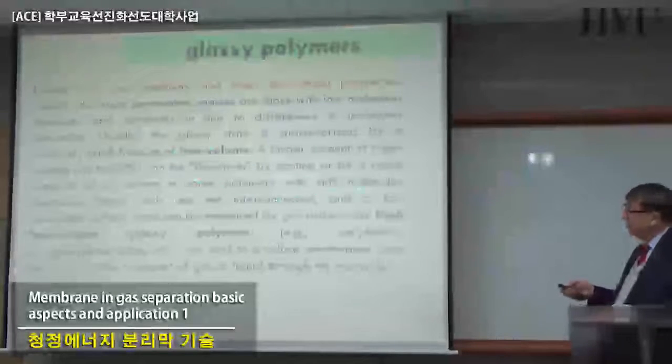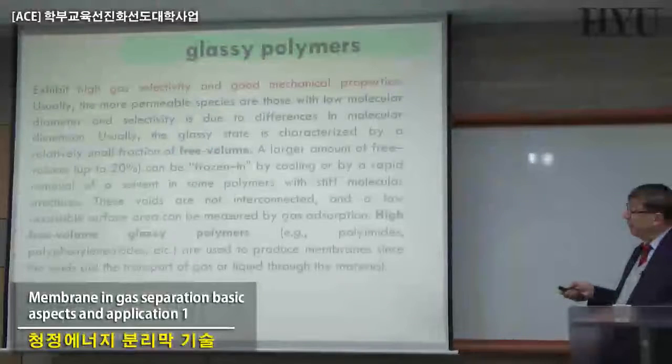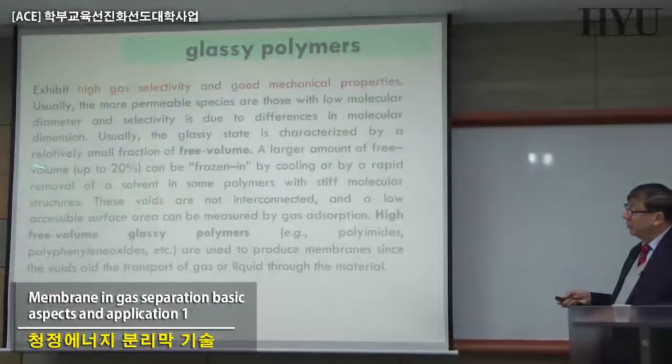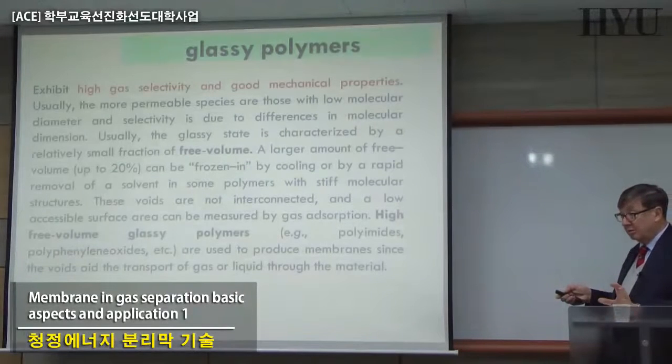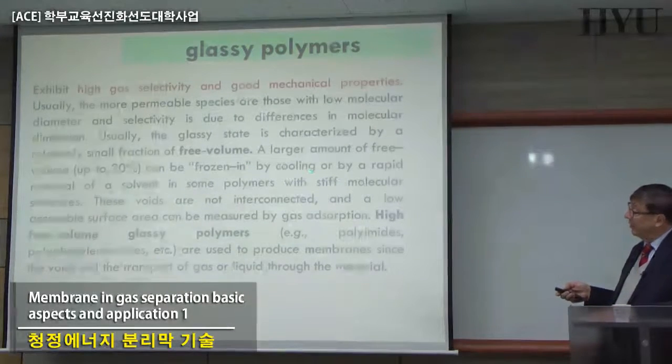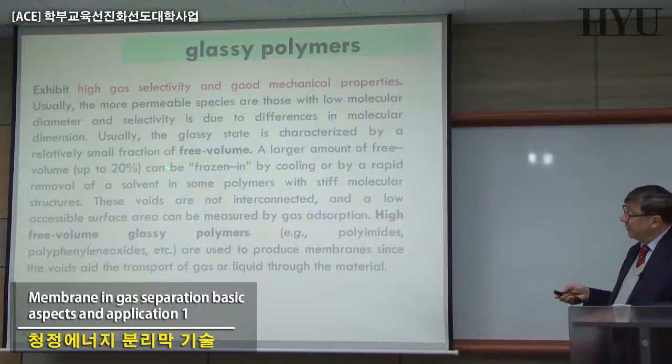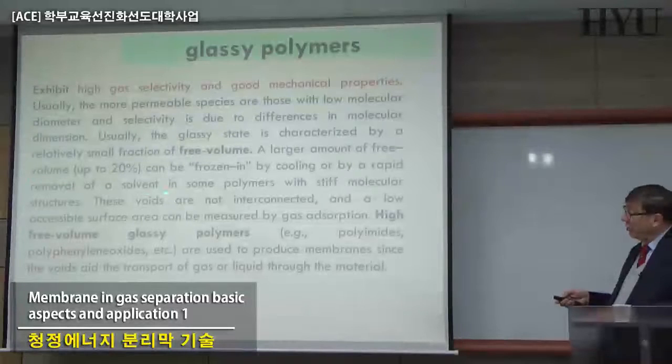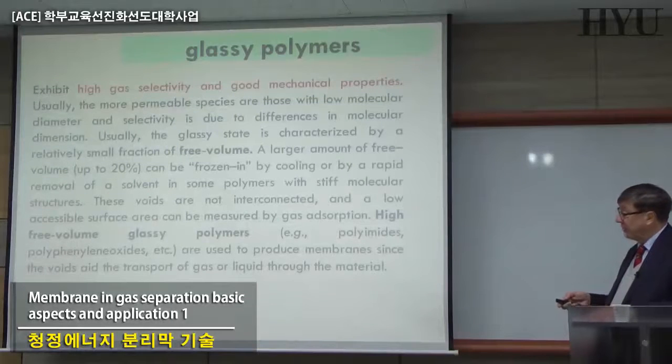Normally, one typical number is that a certain amount of free volume, of the order of 20%, is blocked, fixed in the polymeric matrix during the cooling procedure, or just by the fast removal of the solvents.